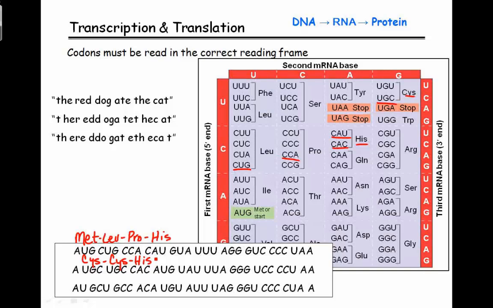You could do the same thing for the next line. What this is supposed to emphasize is that if the groupings of 3 are not correct, we're not going to get the desired protein inside the cell. So that means that the cell must spend some extra energy to make sure that it does get the groupings of 3 correct. And notice that as soon as we get the first group of 3 correct, the rest of them are going to fall into place after that. So a lot of effort has to be put into that very first selection.